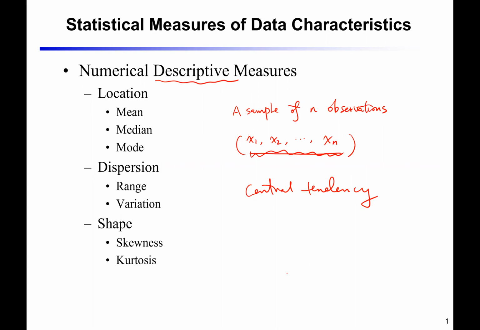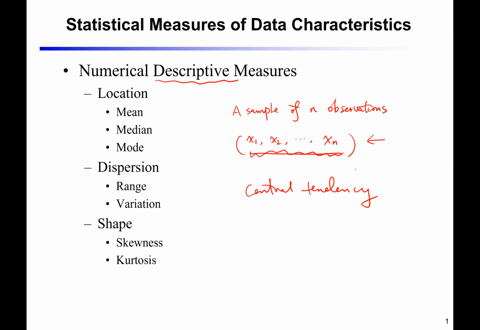The other thing is called dispersion. Dispersion means how much variation you have in this data set, measured by range or variance. And also, if you have a distribution, what is the shape of the distribution? There are two characteristics you can measure: skewness or kurtosis.